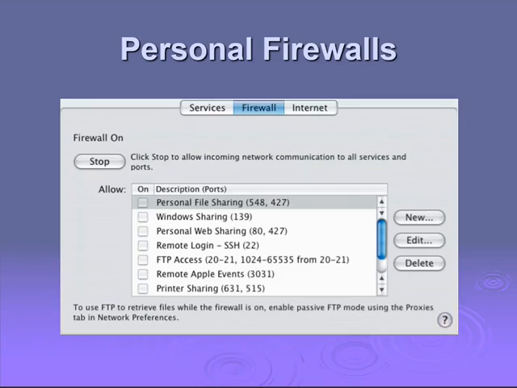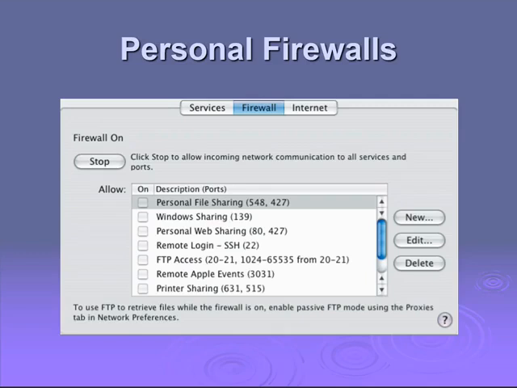This figure shows the simple interface, the list of inbound services that can be selectively re-enabled with their port numbers, including the following. One is personal file sharing. Second is Windows sharing.